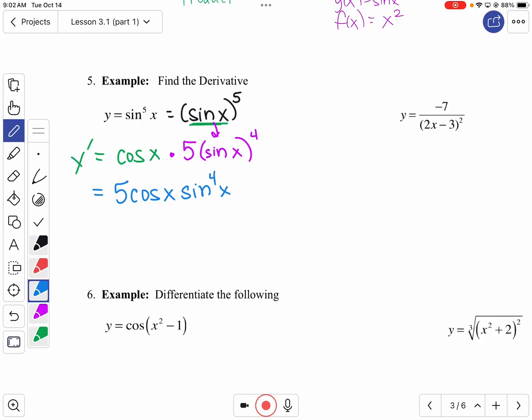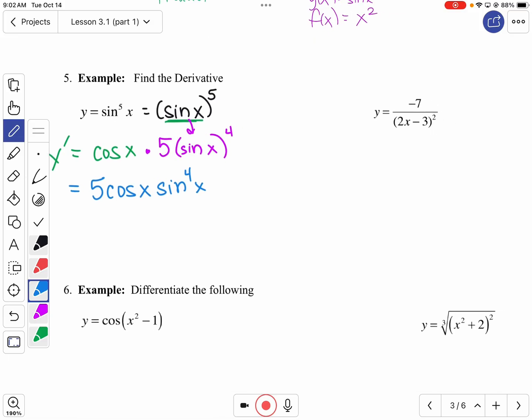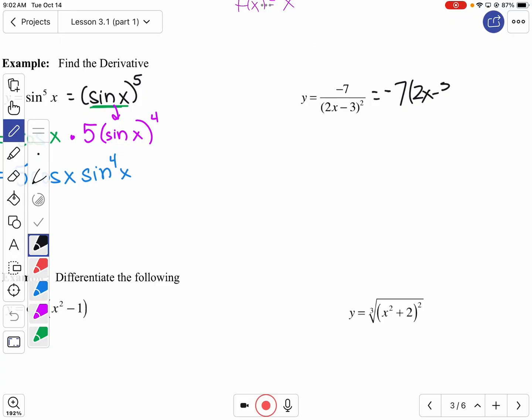Let's look at the next one. Okay, this one's a little tricky too because it's got this fraction. Now, I try to avoid the quotient rule if at all possible. Which means if I have something to a power, can I bring that power up to the numerator? Yeah, okay? I can rewrite this as negative 7 times 2x minus 3.